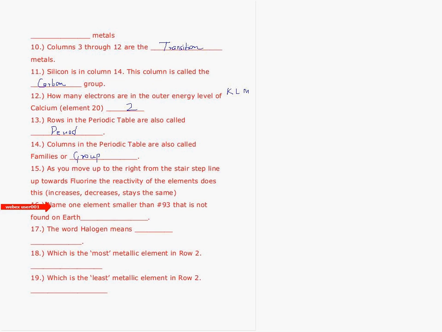Any one element smaller than 93 that is not found on Earth. You may not be able to do this, I'll tell you. Actually, this is atomic number 93, which is not found on Earth.